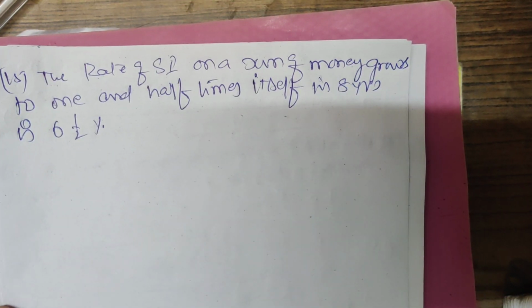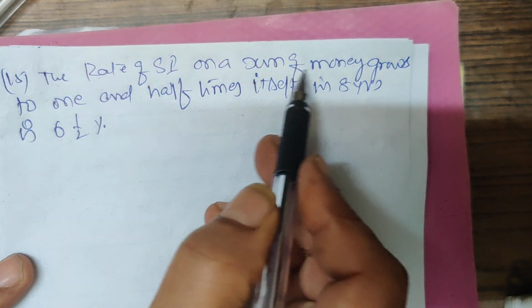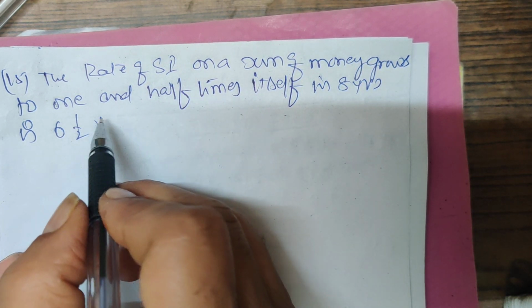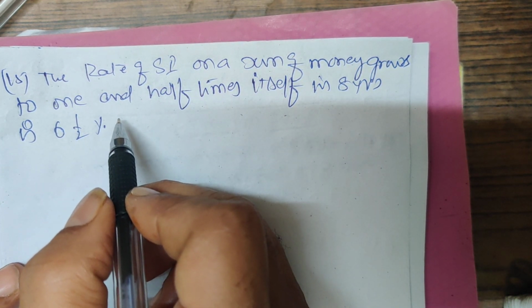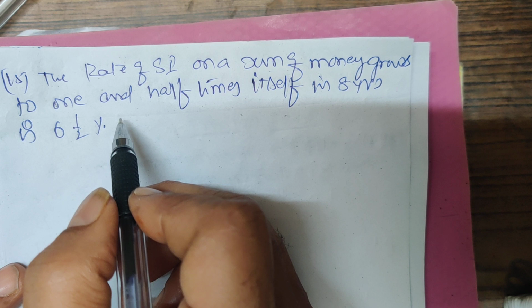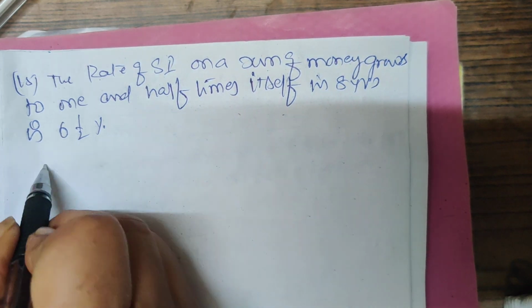Is 6.12%. The rate of simple interest on a sum of money grows to 1.5 times to itself.